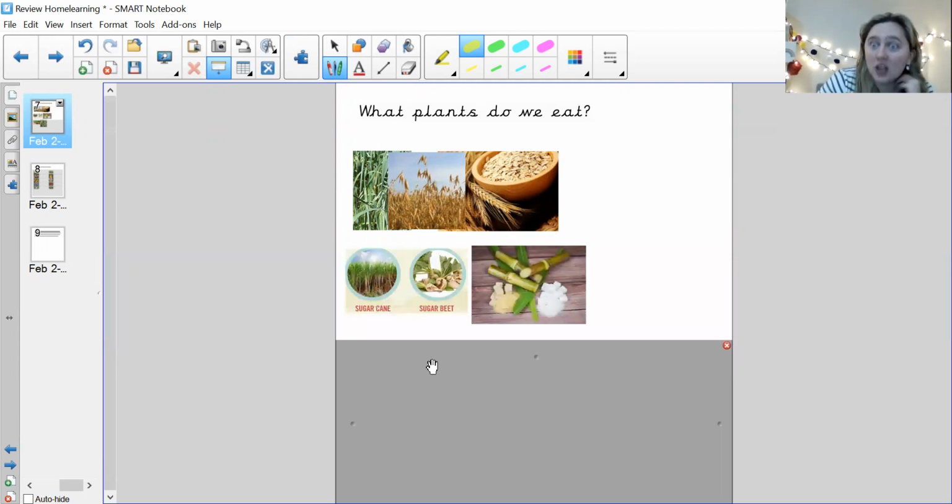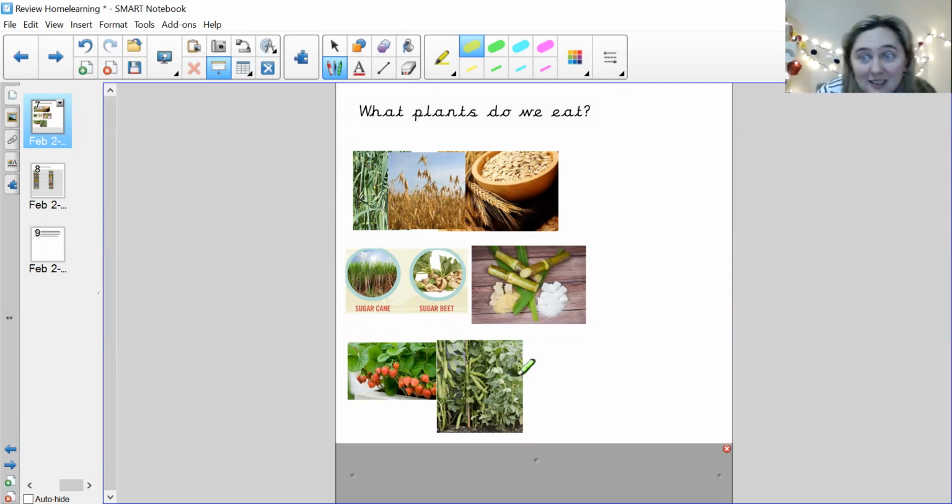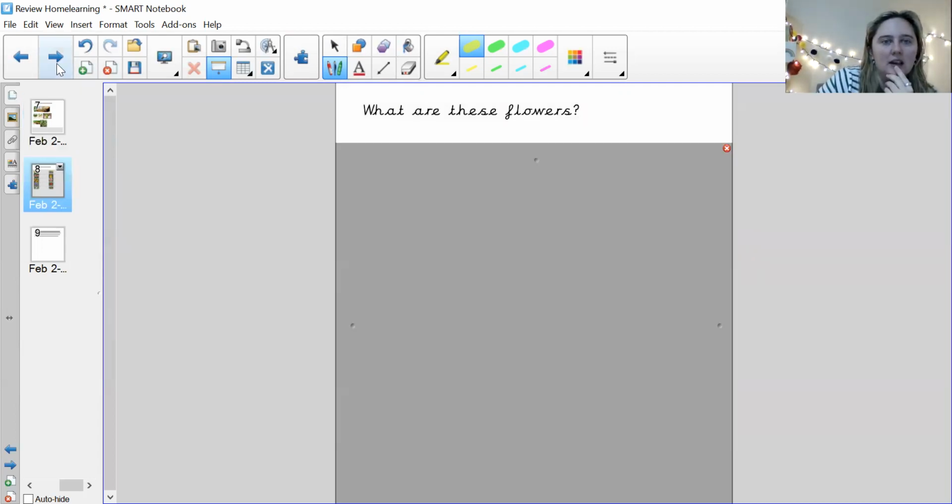We eat sugar, and sugar comes from a plant. And we also eat strawberries and beans. What else do we eat? Carrots, courgettes, aubergines. So many things come from plants, don't they? Try and think of as many things as you can.